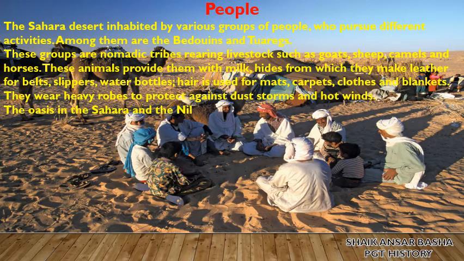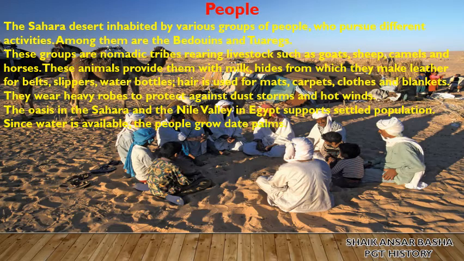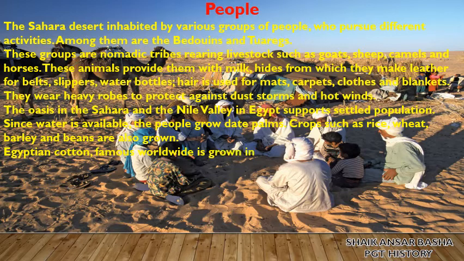The oases in the Sahara and the Nile valley in Egypt support settled populations. Since water is available, the people grow date palm. Crops such as rice, wheat, barley, and beans are also grown here. Egyptian cotton, famous worldwide, is grown in Egypt.